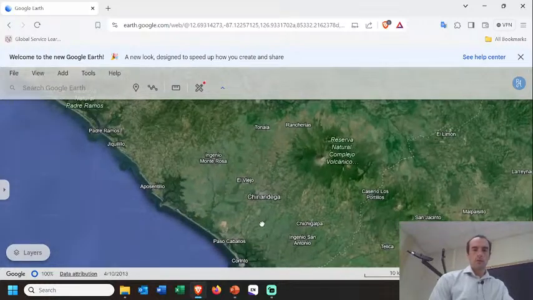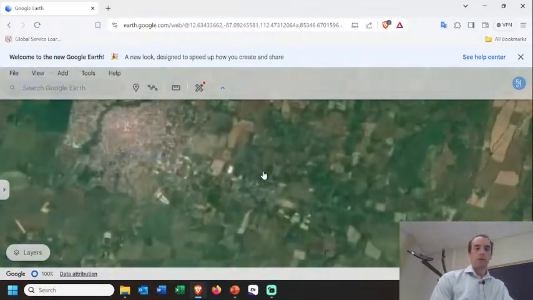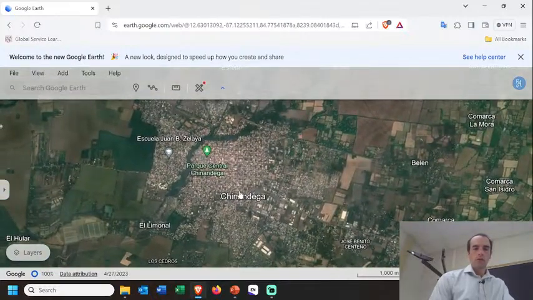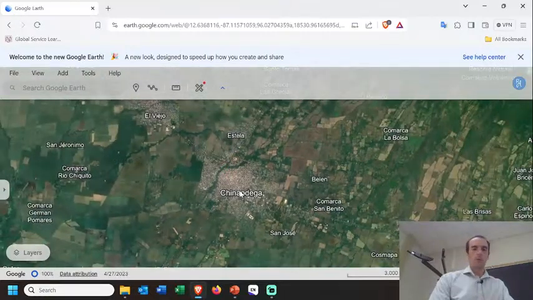So here's Chinandega, the large volcano San Cristobal there. We did not climb that one. That one's quite the climb, but we saw it a lot in our adventures. Okay, so downtown Chinandega, and again, to get there, we were traveling from Managua, southeast of here.